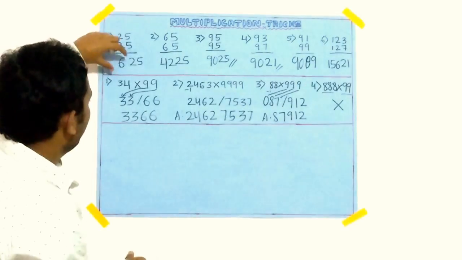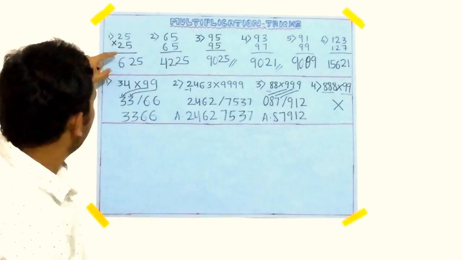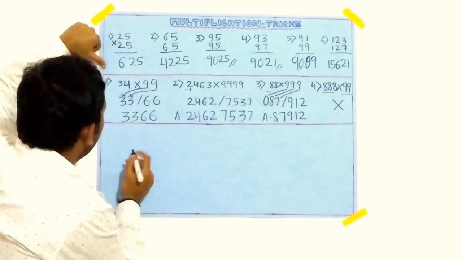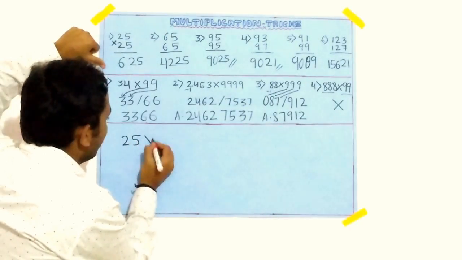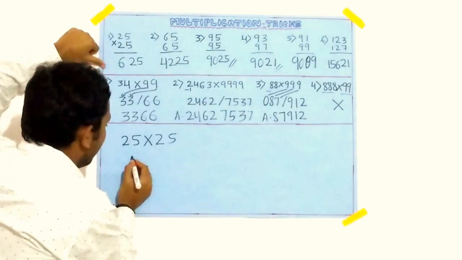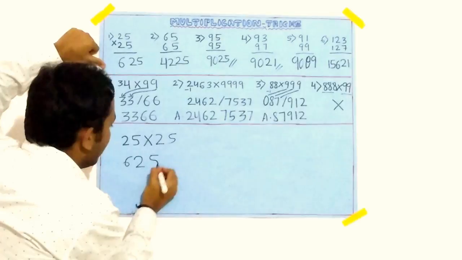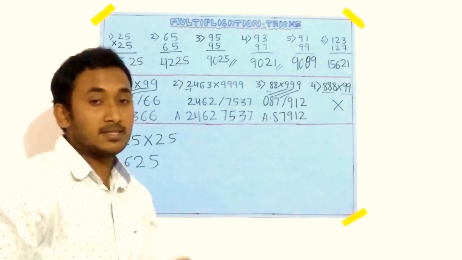What we'll do? We'll take the same thing. We'll go with this number. The answer is 625. Okay. 25 into 25. We know the answer. It is 625. Okay. So how to verify whether this 625 is correct or not?